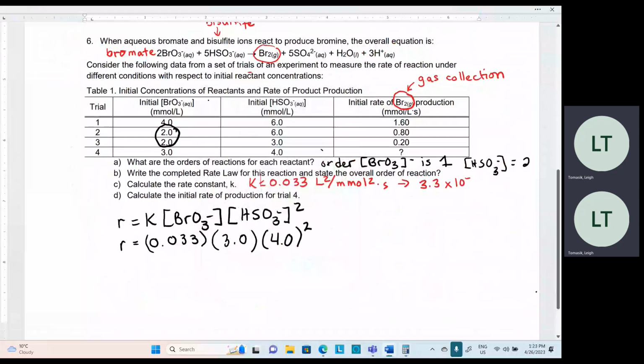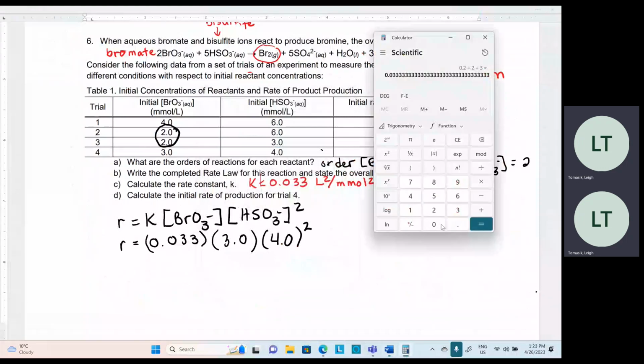So 0.033 times 3 times 4 squared equals 1.584.